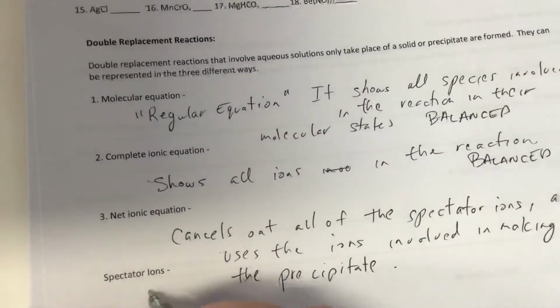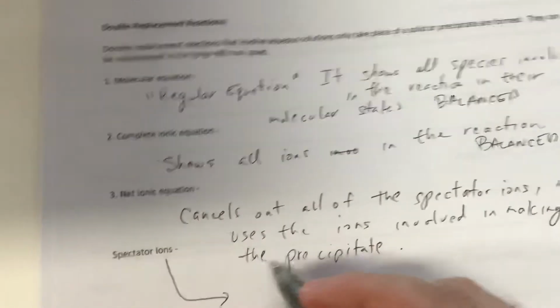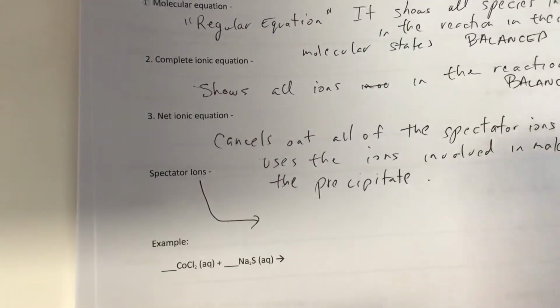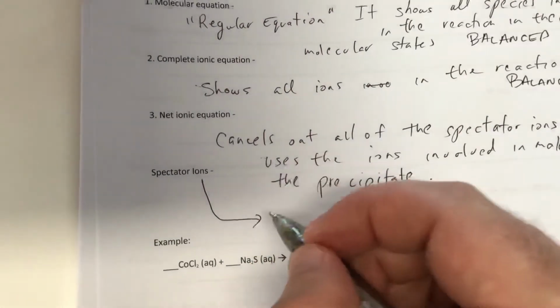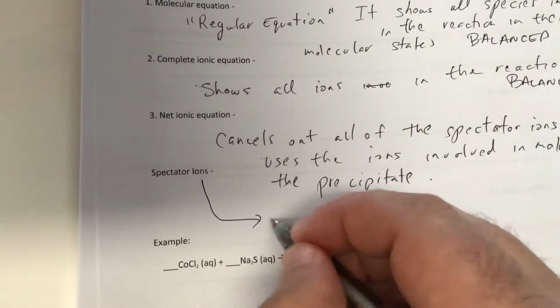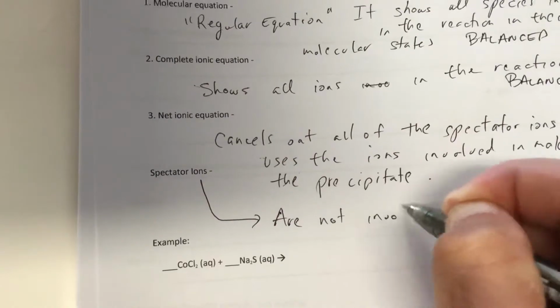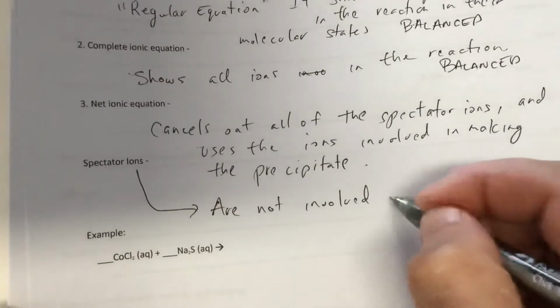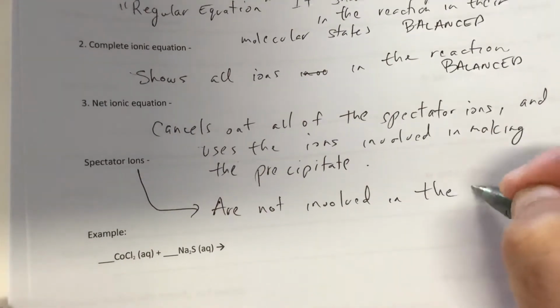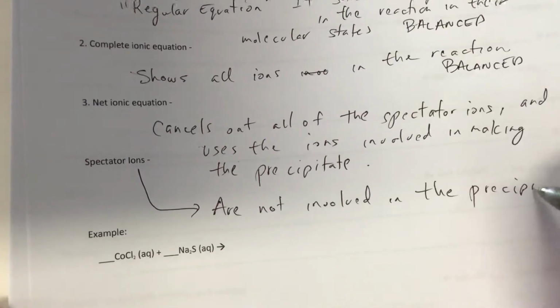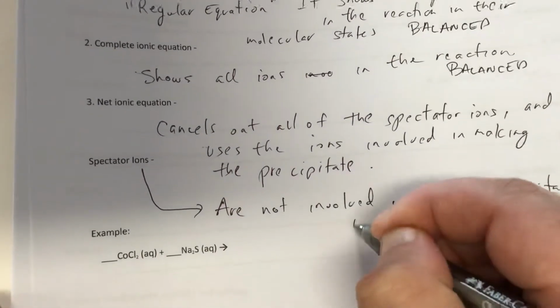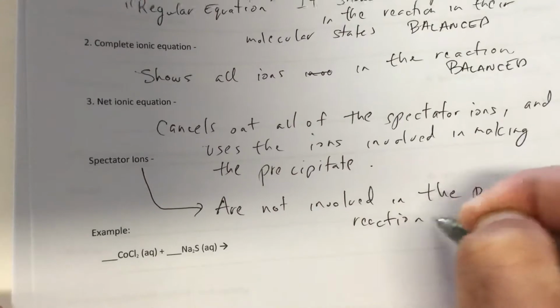Okay. And spectator ions are just the ions. Remember, they're like spectators at a sporting event. They don't really do anything. They're the ones that are not involved in the precipitate reaction.